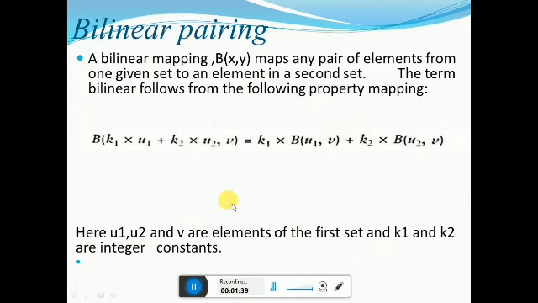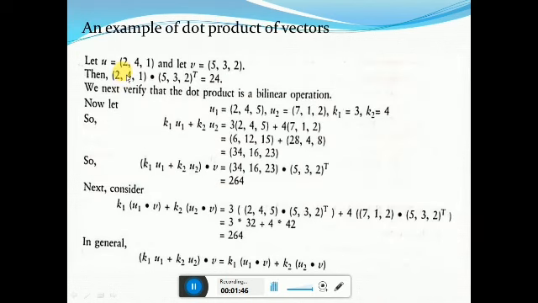Here we have two vectors u and v, say u is 2, 4, 1 and v is 5, 3, 2. When we take the dot product of these two vectors, we get 24. This just demonstrates the dot product of two vectors. Next, to understand bilinear mapping, we'll verify by taking another two vectors, u1, u2 and our v.